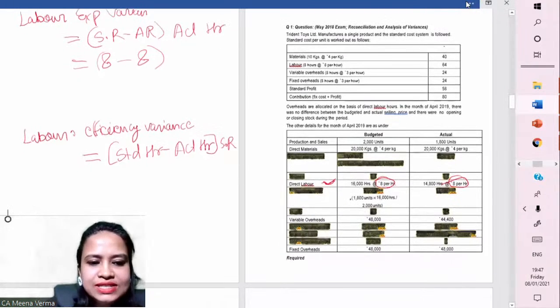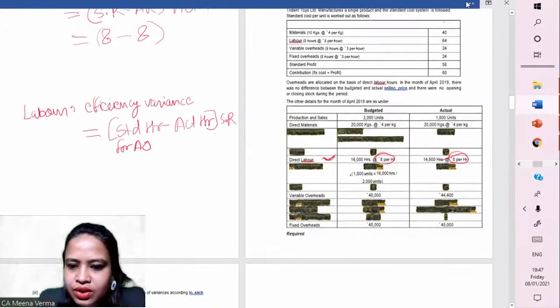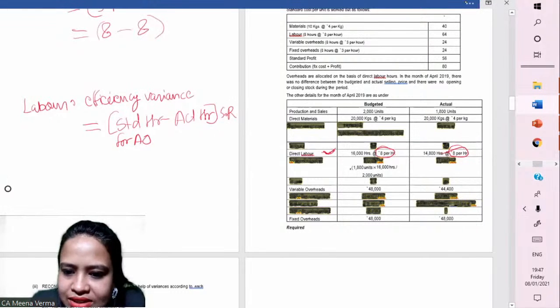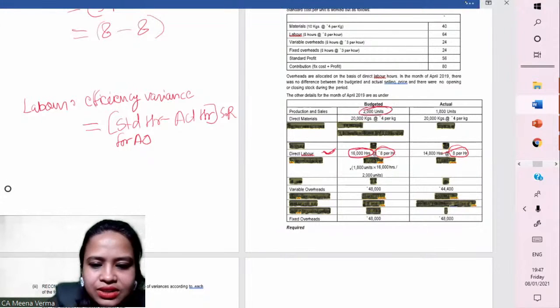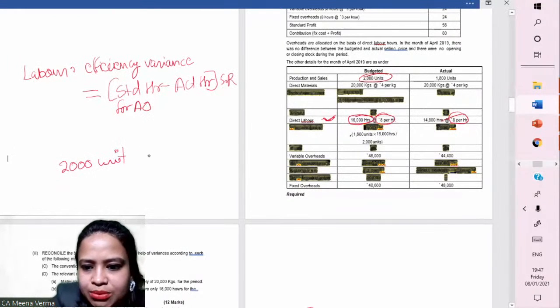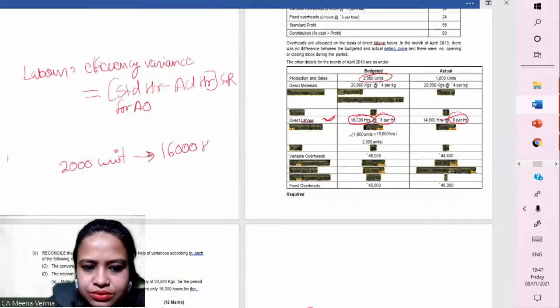See, we need standard hour for actual output. Okay, if you will see the question, you can see here that this is the direct labor hour for 2000 units. For producing 2000 units, how many direct labor hours are required? 16,000 hours. Right?